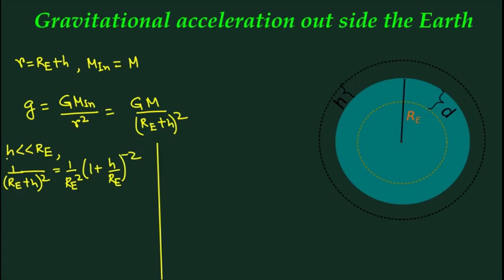As h is much less than RE, h by RE is much smaller than 1. So we can expand binomially and we will have 1 over RE square times 1 minus twice h by RE.